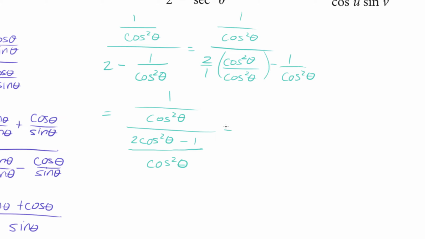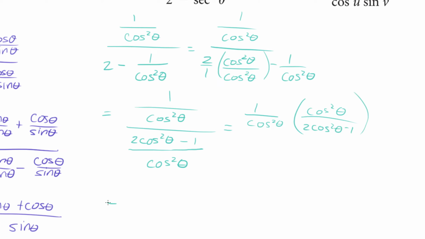Okay? Now, you can change this by using the identity now or later, it doesn't matter the order, but we're going to change it eventually. For now, I'm just going to multiply by the reciprocal of the denominator, so 1 over cosine squared of theta times cosine square of theta over 2 cosine square of theta minus 1.